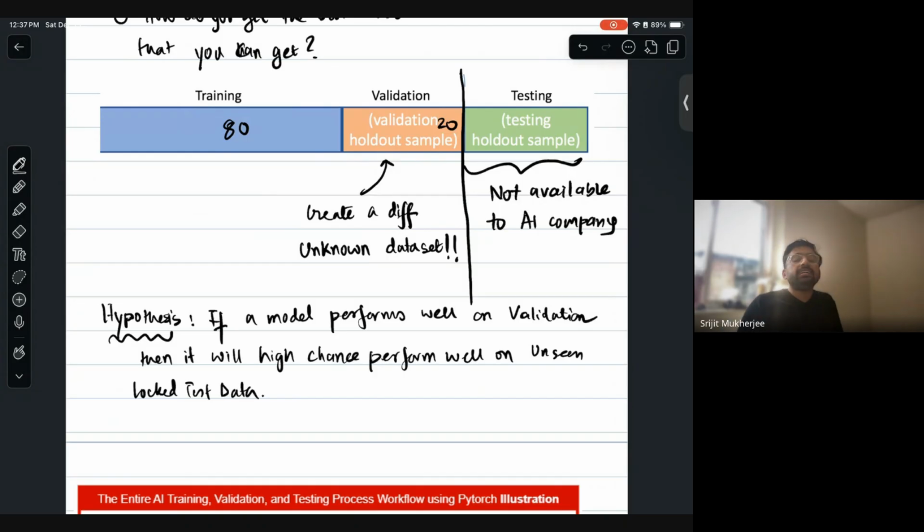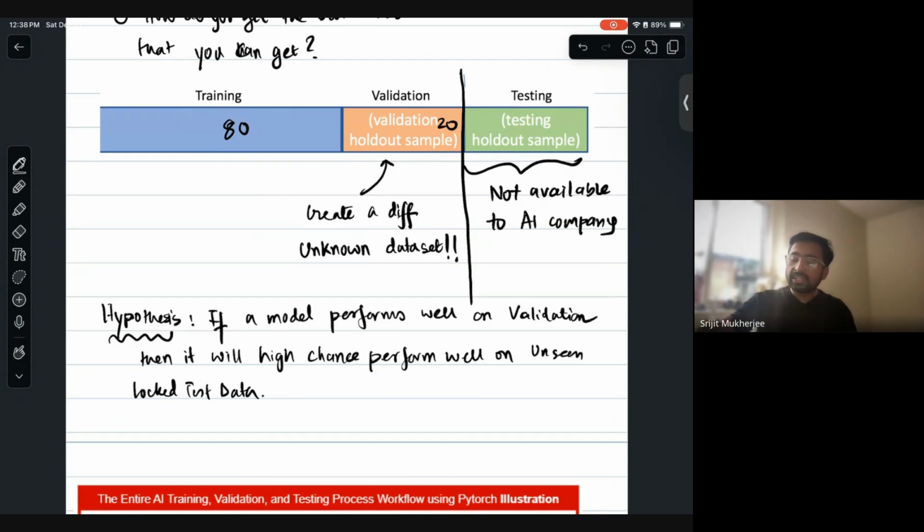You will only see the test data when you make your model, have no other choice, and go to the company or the hospital and see your model working on that data. Otherwise you will never have it. So you must give a really good trained model.